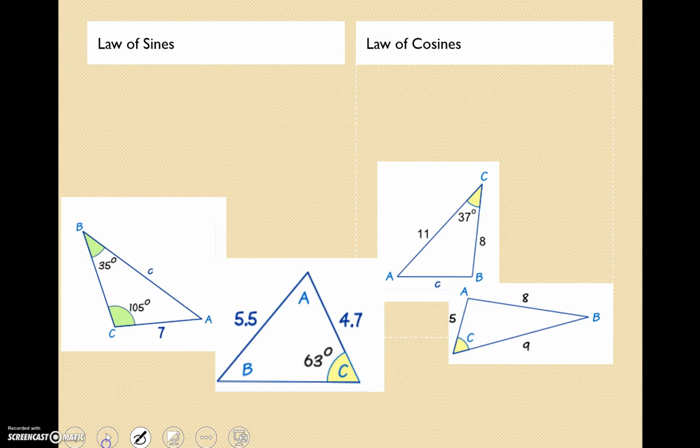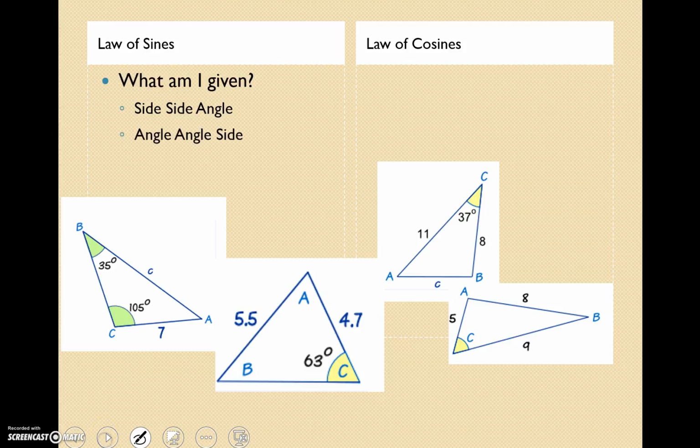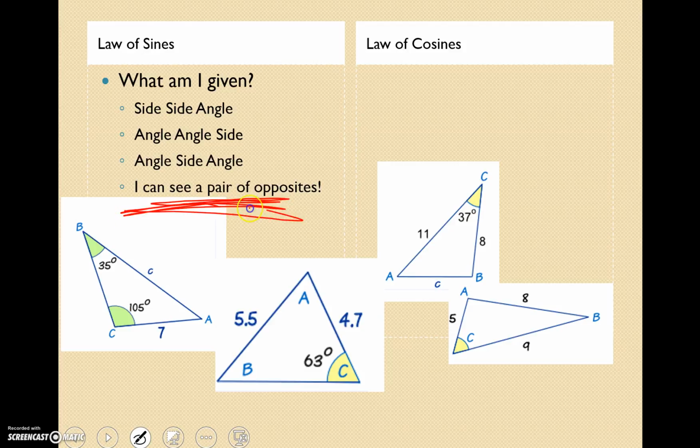Okay, all right, so some rules of thumb here. When do I use law of sines, law of cosines? For law of sines, you usually are given side-side-angle or angle-side-angle. Okay, the big thing here is that you can see a pair of opposites. You've got an angle across from a side.